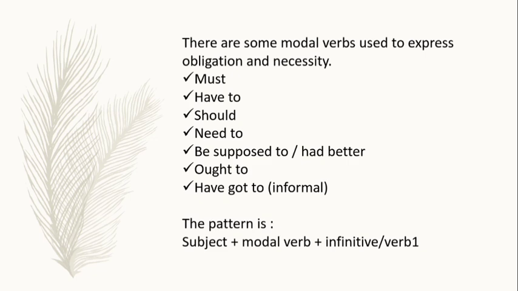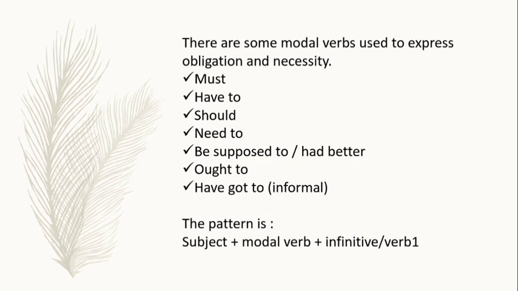For example, you are supposed to have a driver license if you want to drive a car. That means the rule for a driver is that the driver must, or is supposed to, have a driver license.